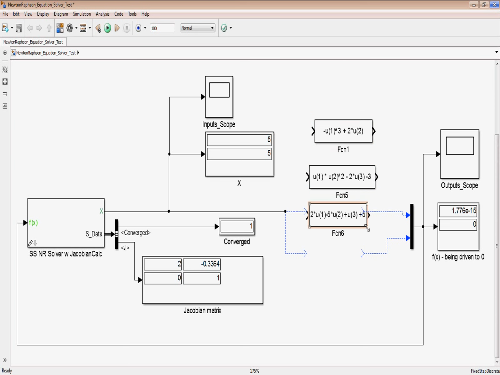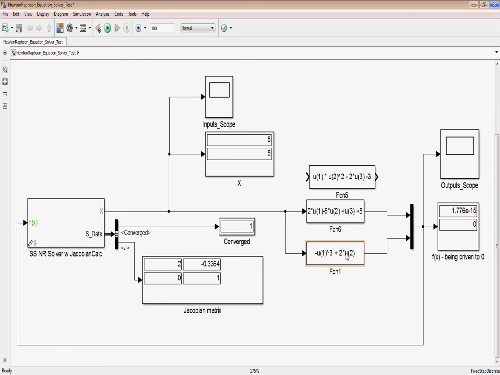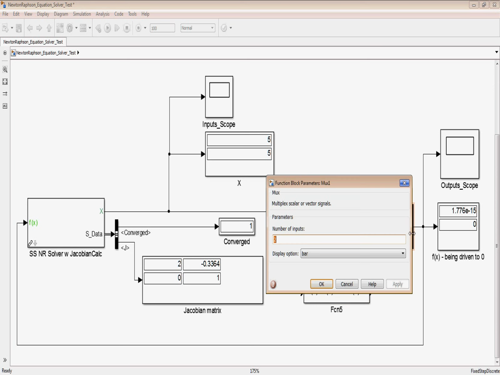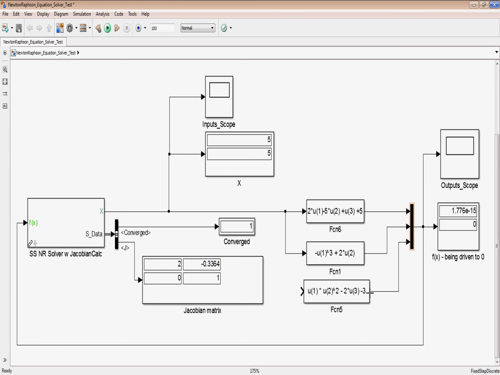So this first equation is a linear function with three outputs, or sorry, inputs. We'll have to set this guy to 3. So the first one is 2 times u1 minus 5 times u2 plus u3 plus 5. The second one is negative u1 to the third plus 2u2.